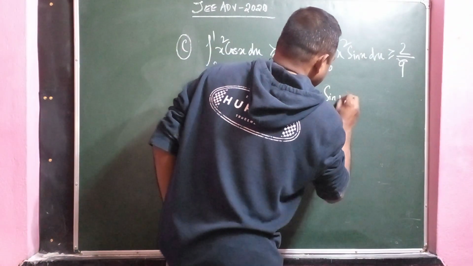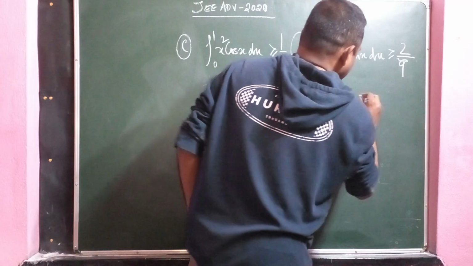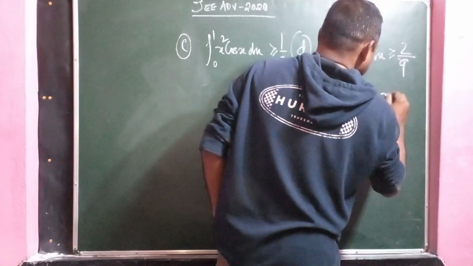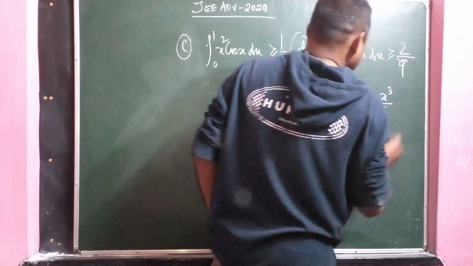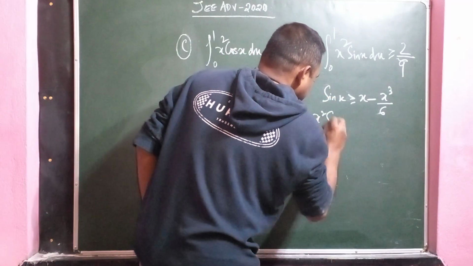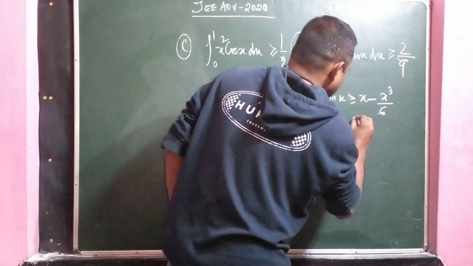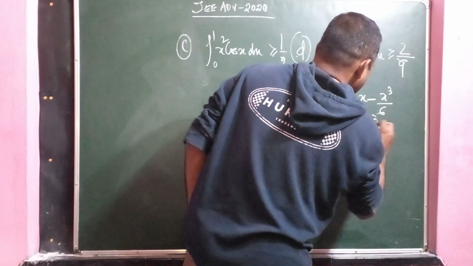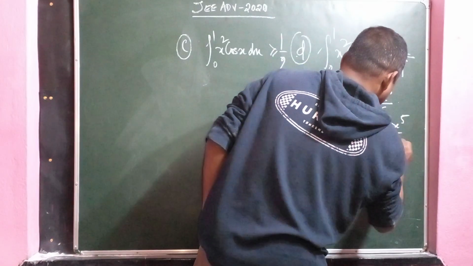sin x is greater than equals to x minus x cubed by 6, right? Factorial 3 means 6, so x square sin x will be greater than equals to x cubed minus x to the power 5 by 6.